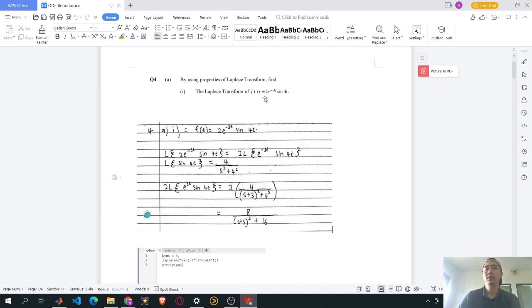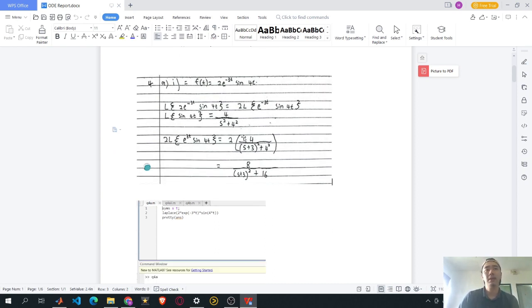So the first one is the Laplace transform of f(t) equals 2 exponent negative 3t sine 4t. This one is very simple. You just need to do the Laplace of sine 4t, which equals 4 over s squared plus 4 squared, and then you simply add the exponent 3t.